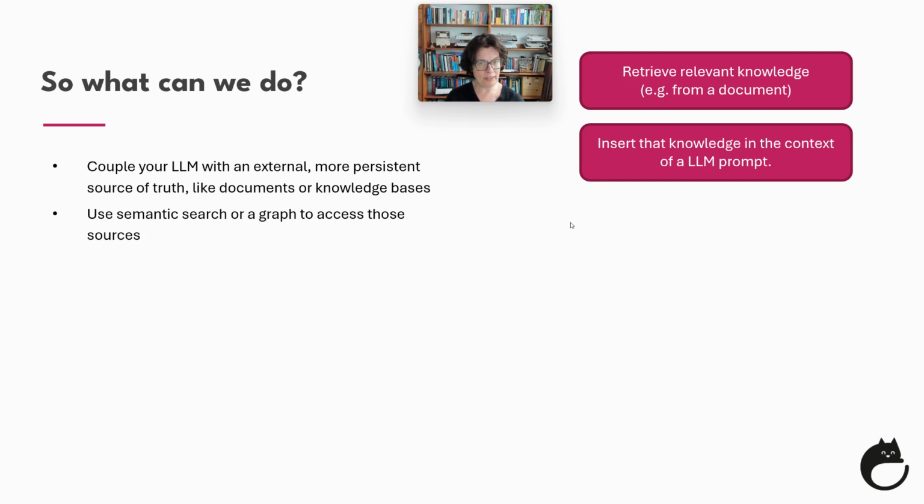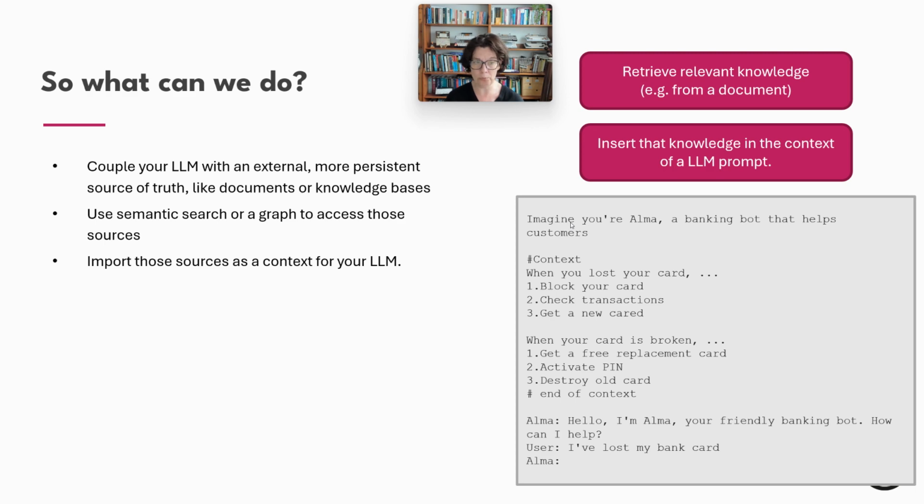So if we have a knowledge base and use semantic search or a graph to access those sources, and then insert that knowledge in the context of an LLM prompt, as you can see here, so the prompt is: imagine you're Alma, a banking bot that helps customers. And in the context, we actually put some information that we know to be true and reliable.